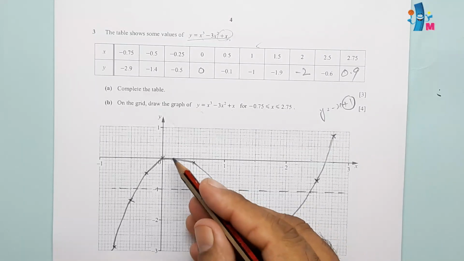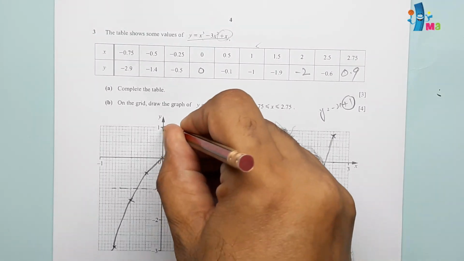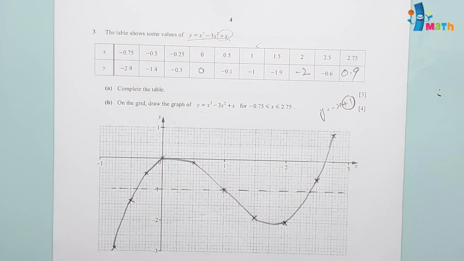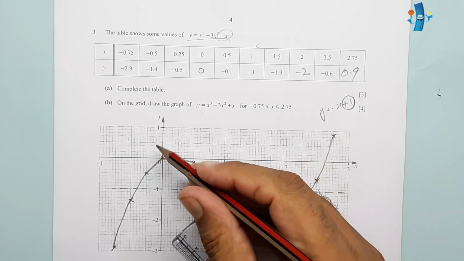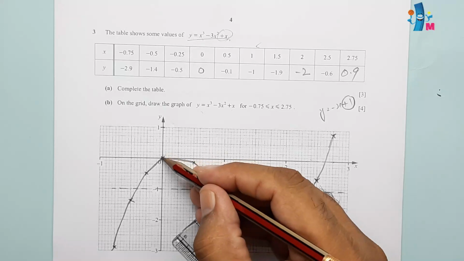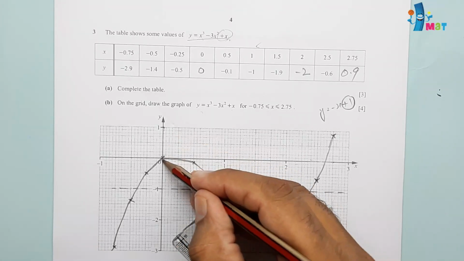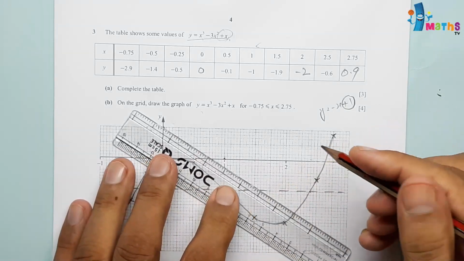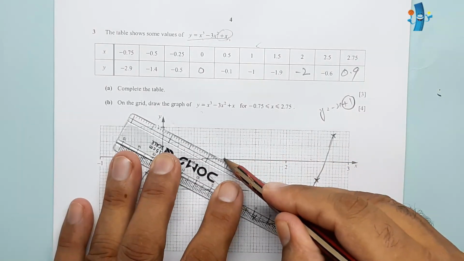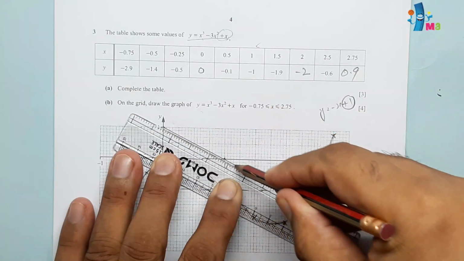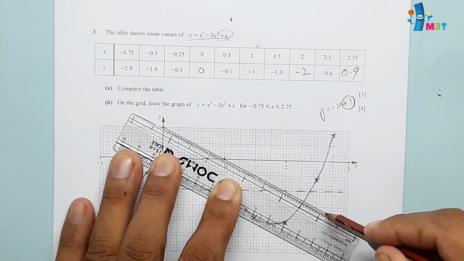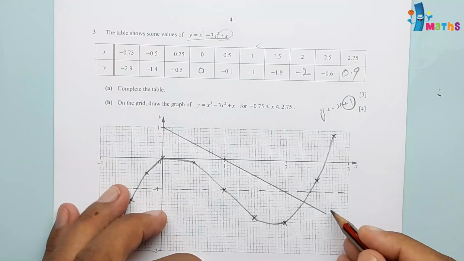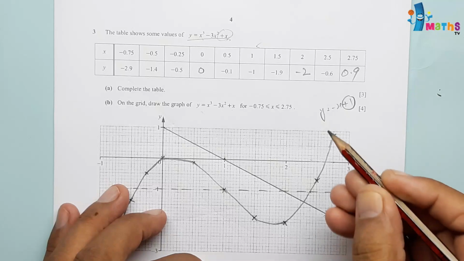So the y intercept will be plus 1, it will be passing through this point, and the gradient is minus 1. So minus 1 unit this side and 1 unit this side, so we can draw this line like this one.